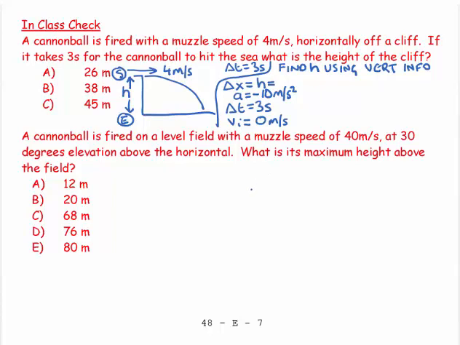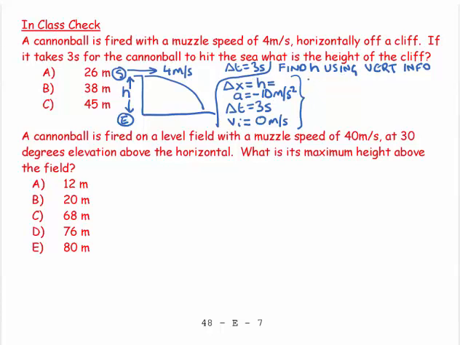It was fired horizontally. It wasn't fired slightly upwards. It wasn't fired slightly downwards. It's the same as a diver stepping off a cliff. The initial velocity vertically equals 0. And so, can you see how some of these are not obvious until you practice them? You have to practice them.